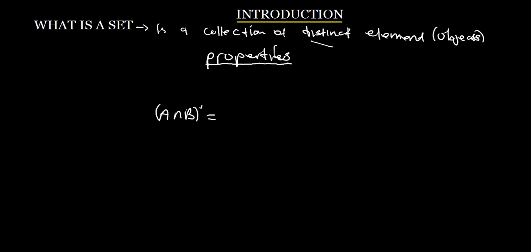The moment you distribute it, once it crosses, what is in the middle changes to union or intersection. So if I distribute this complement, it will be A complement, and have you seen? The moment it has crossed, this common thing changes to union. Then this also multiplies there, it's B complement, like that. So these are the properties we're about to start now. So just master like that, okay?